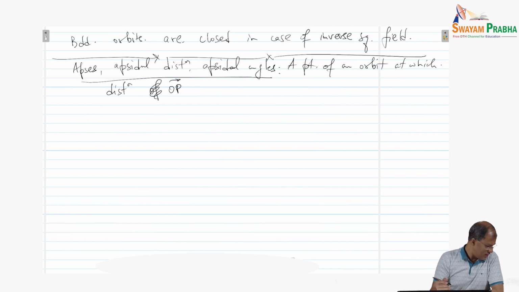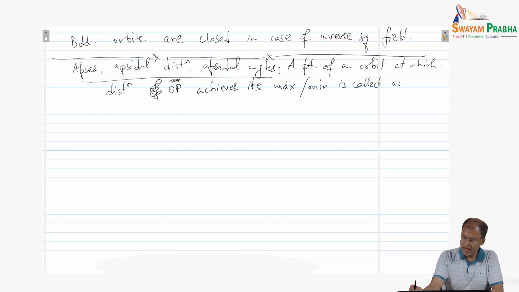So the distance OP achieves its maximum or minimum, and that point is called an apse of an orbit. These maximum and minimum distances are the so-called apsidal distances.